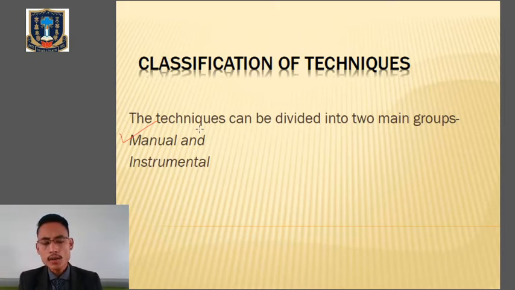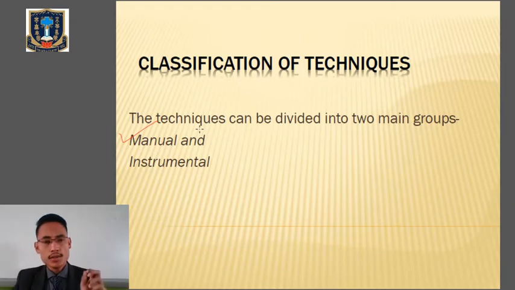Under the manual technique we learned about the high volume sampler, which is mainly used for collecting the sample of particulate matter present in the ambient air. Then we learned about the bubbler technique. These two techniques, the high volume sampler and the bubbler, we learned under the manual technique.